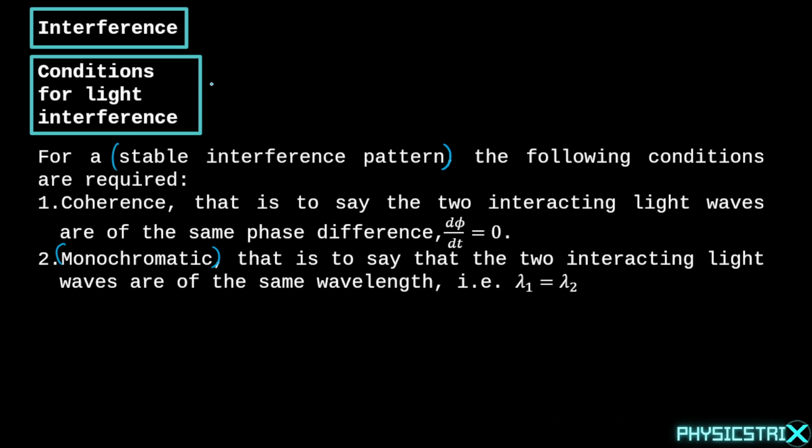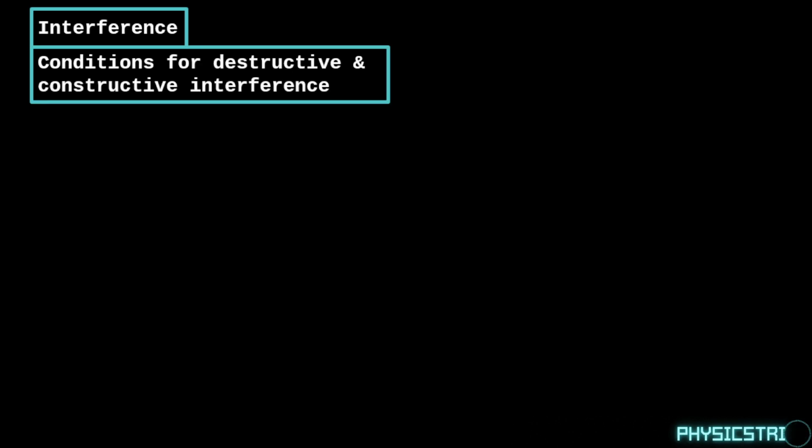So these are the two conditions for a stable interference pattern from light interference: number one, coherency, and number two, monochromatism. Generally in real life you will have monochromatic light when it comes from the same source, or you can tune two lasers so that they give out the same wavelength or same frequency, so that you will have monochromatic lights.